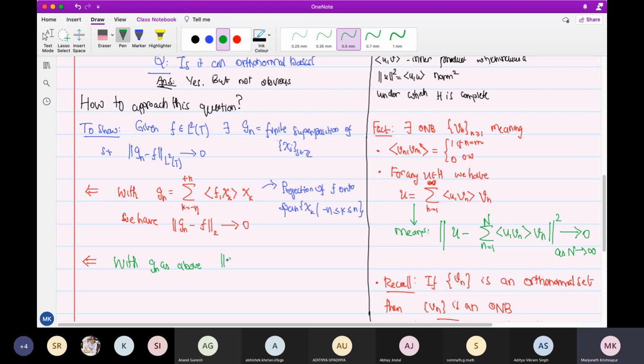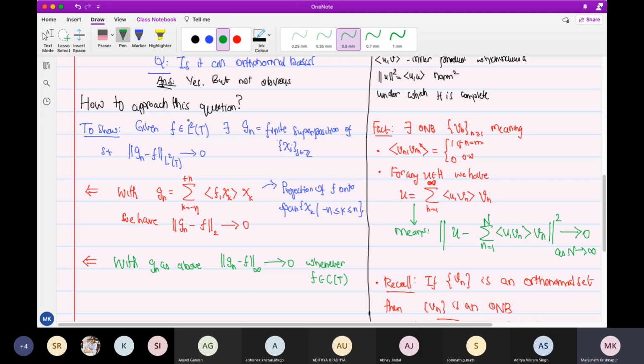show that the sup norm of Gn minus f goes to 0 whenever f is a continuous function on the circle group. Okay, suppose we manage to show this.